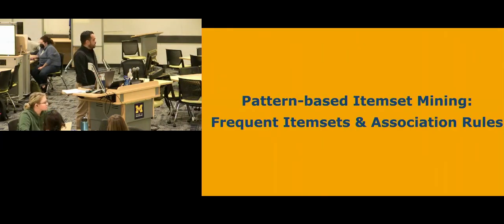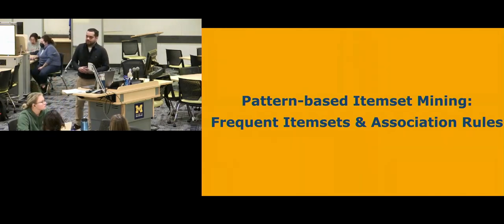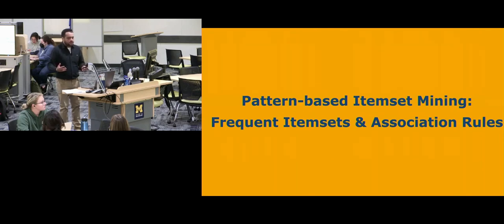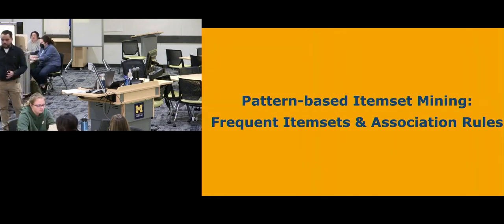Great. So let's get started with item set mining. Last week, if you remember, we talked about different types of data mining functionalities: classification, regression, ranking, and so on. In the end, we concluded that although there might seem to be numerous data mining functionalities, it boils down to two main types of decisions that a data miner wants to make. Those decisions are based on patterns and similarities, right?